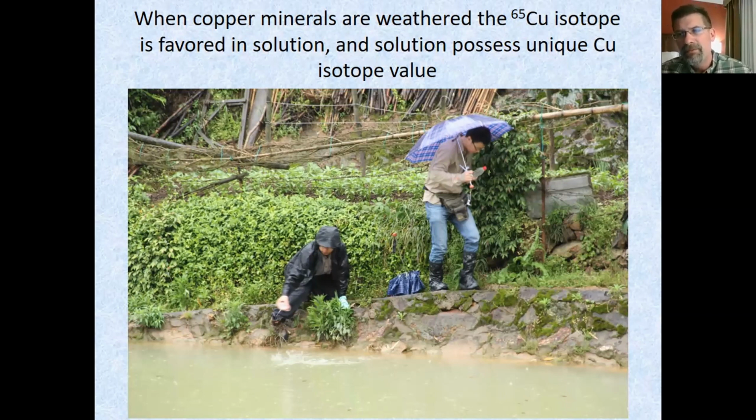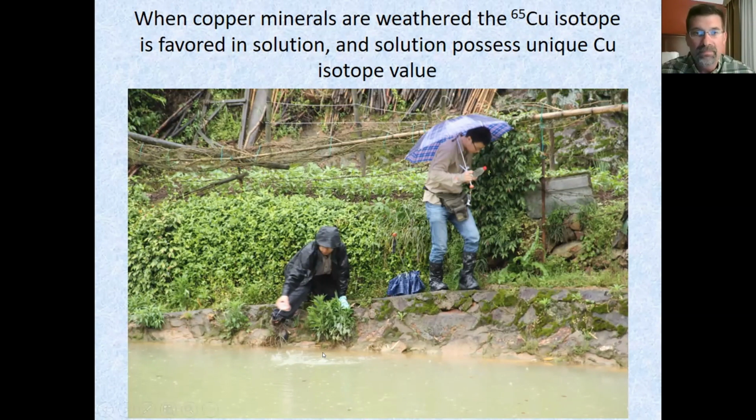So what you're going to be looking for, and what you're going to see in the upcoming slides, is that when we find areas where there are heavier or more enriched waters, that indicates the presence of weathering copper minerals in the subsurface. So understanding the hydrogeology is also very important, and how the water is moving and what's causing it to dissolve ultimately.